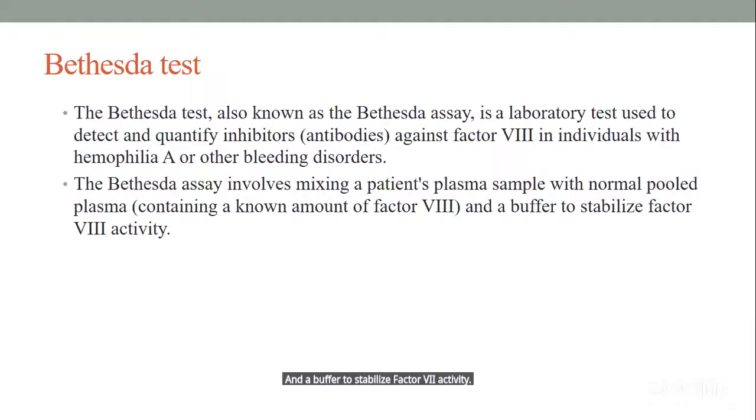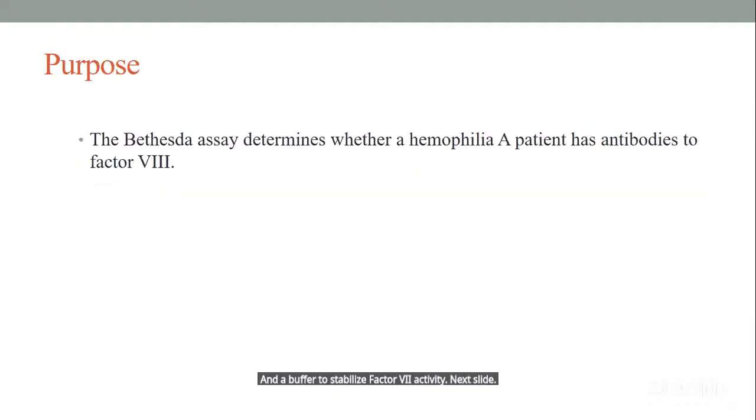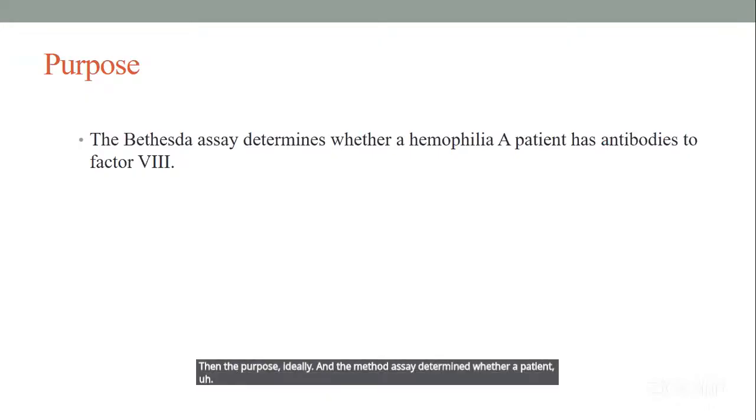Next slide. Then the purpose: ideally, the Bethesda assay determines whether a hemophilia A patient has antibodies to factor 8. Next slide.